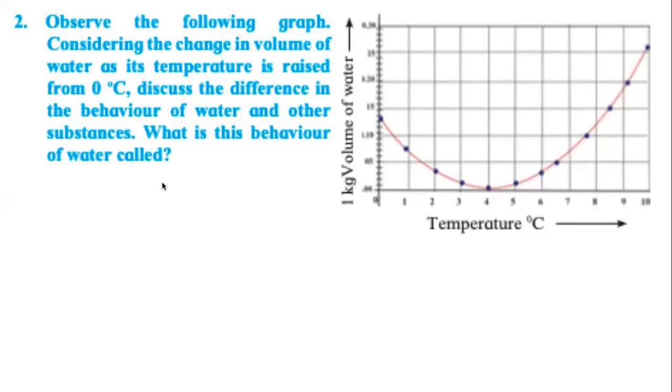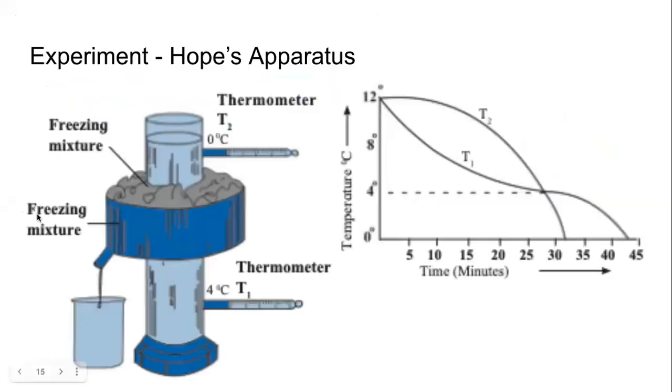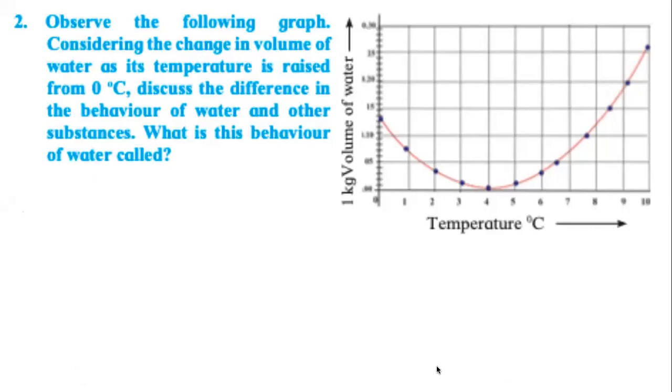We should write the answer to this question in this way. We should make 2 points, and the 2 points should refer to 2 specific temperature ranges. First point would be from 0 degrees Celsius to 4 degrees Celsius.